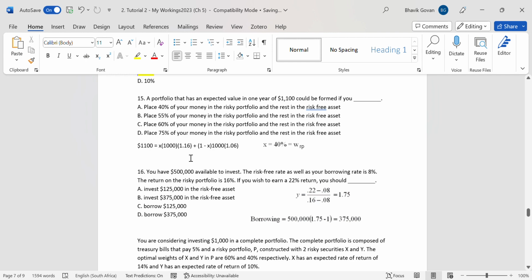So I'll say 1,000 times a return of 16% plus 1 minus x times 1,000 times a return of 6%, 1.06. And then I'll basically solve this equation. I'll get x is equal to 40, which is the weight of the risky asset. So that is our answer A.